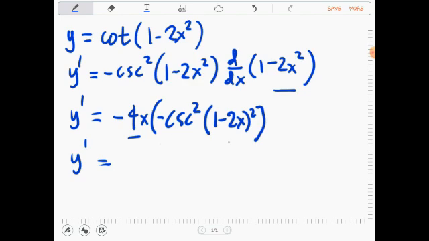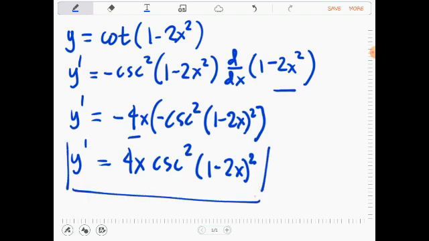This one doesn't change because it's inside the parentheses. But this negative and negative, so positive. 4x cosecant squared of the quantity 1 minus 2x squared. Now, another example.